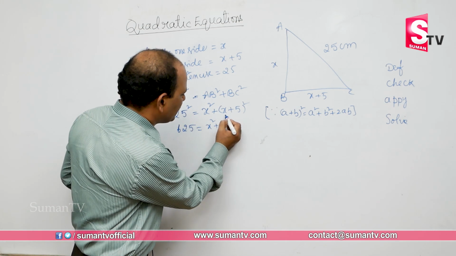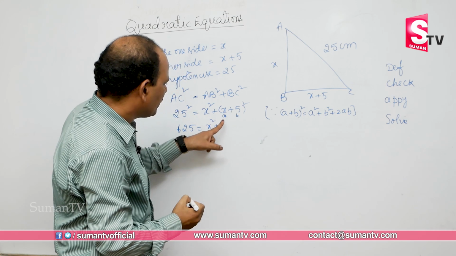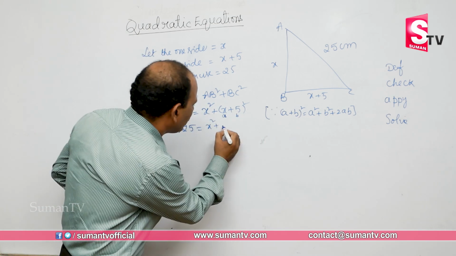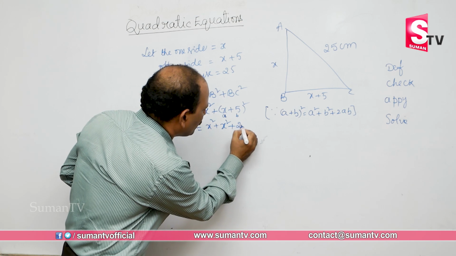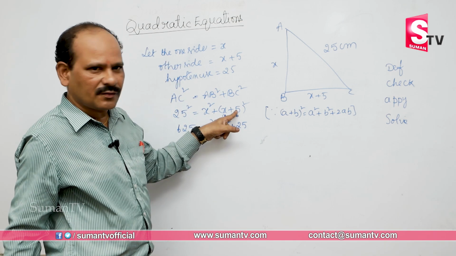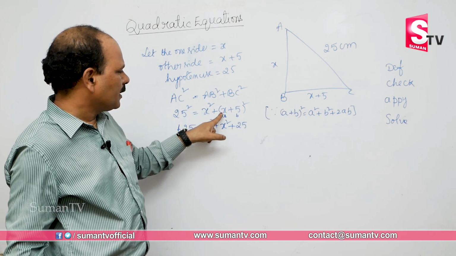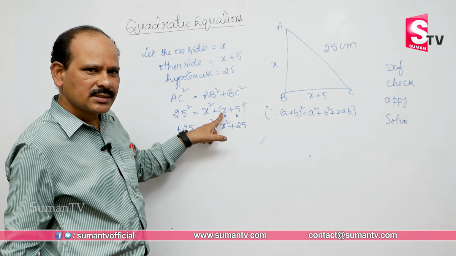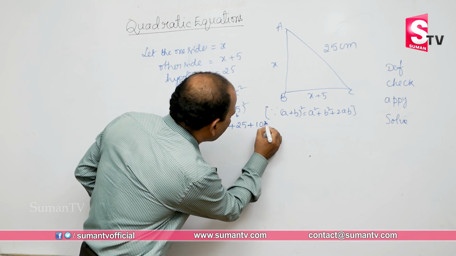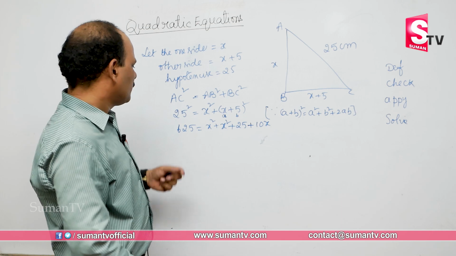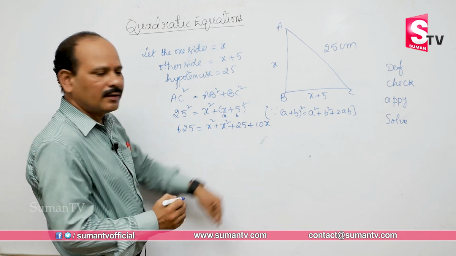This is A, let us assume this is B. So first A square, so x square plus B square, 5 square means it is 25. Next 2AB, 2 into x, 2x, 2x into 5, 10x. Okay, now send this 625 to the right side.